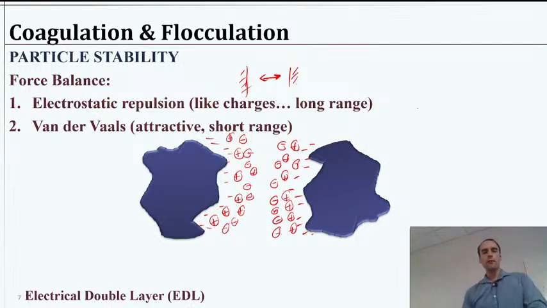So if electrostatic has an r² dependency, then these so-called van der Waals forces tend to have something like an r to the 4th, or sometimes r to the 6th dependency.